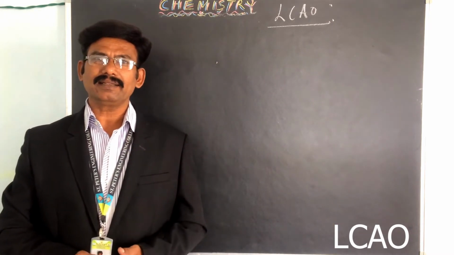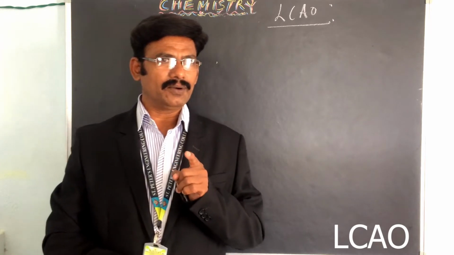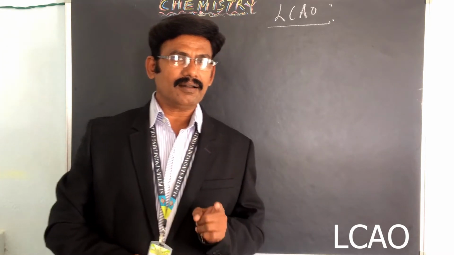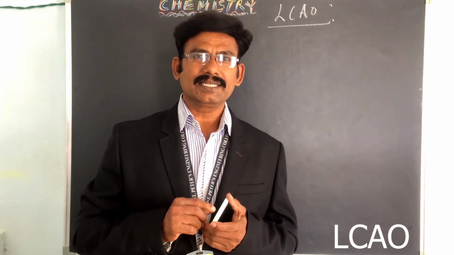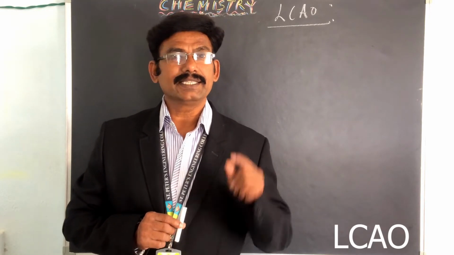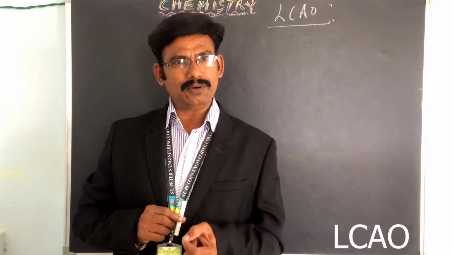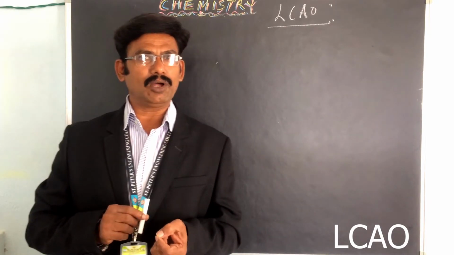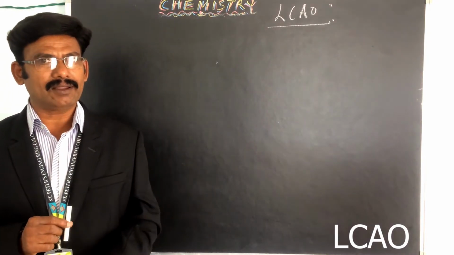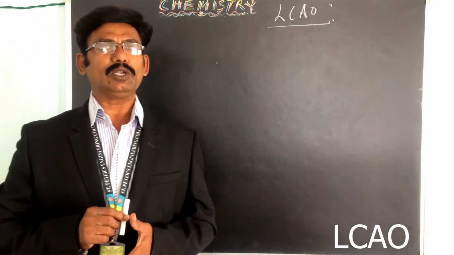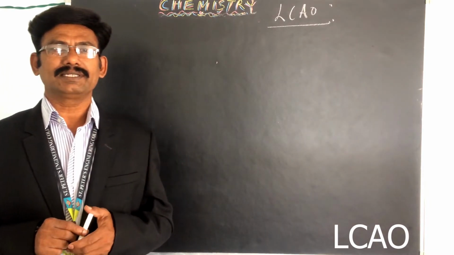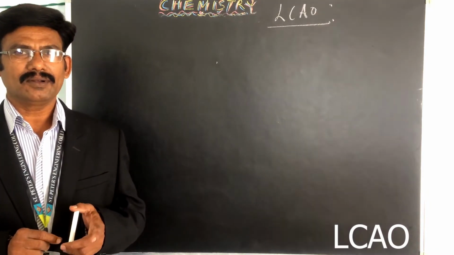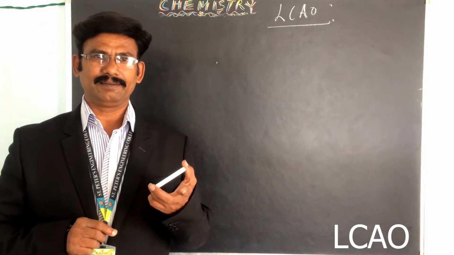They are atomic orbitals, molecular orbitals, sigma bond, pi bonding molecular orbitals, sigma bond molecular orbitals, anti-bonding molecular orbitals, bonding molecular orbitals. So these are the topics, I think. Okay?